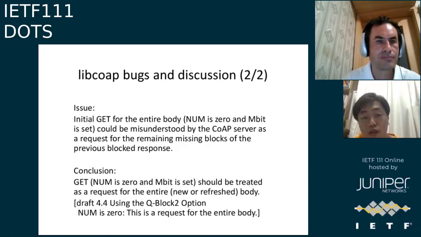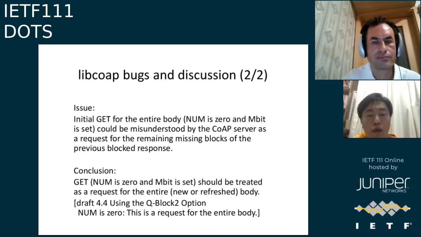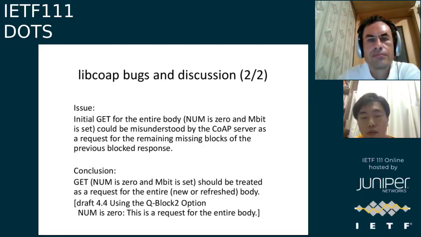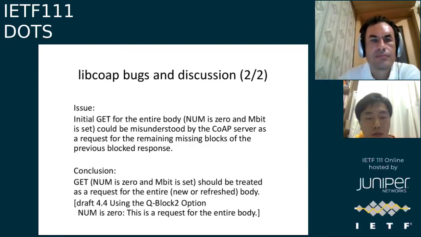In conclusion, a GET with NUM 0 and the M bit set should be treated as a request for the entire new or refreshed body. In the draft, it is clearly noted in section 4.4 that NUM 0 should be a request for the entire body. But the tested libcoap was confused about the interpretation of this message. It is now fixed, so there is no problem.